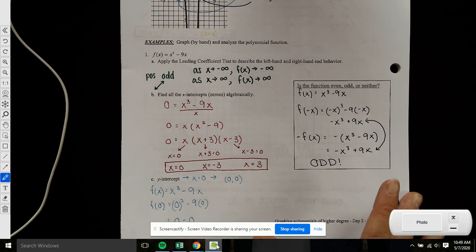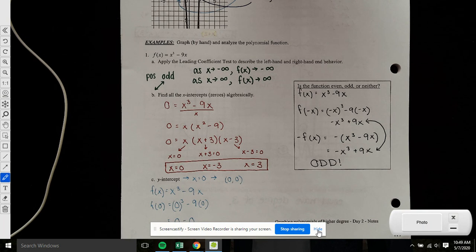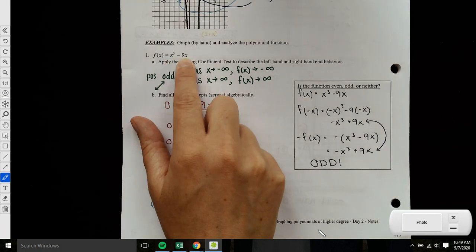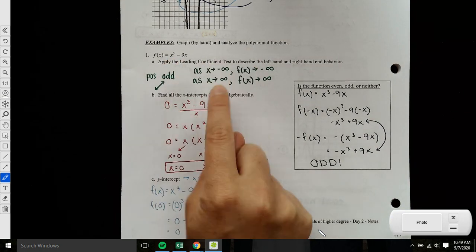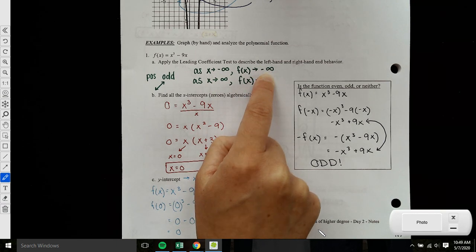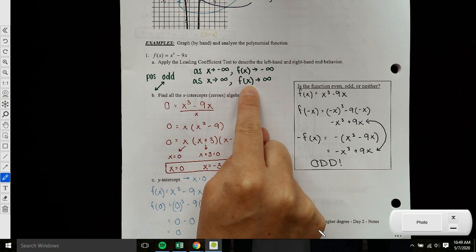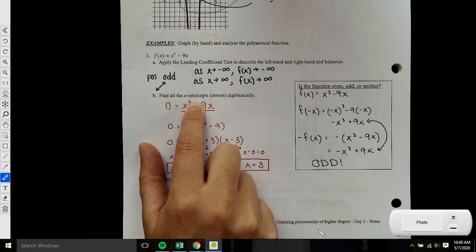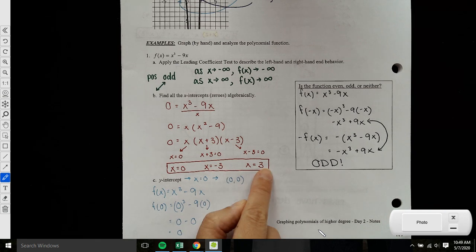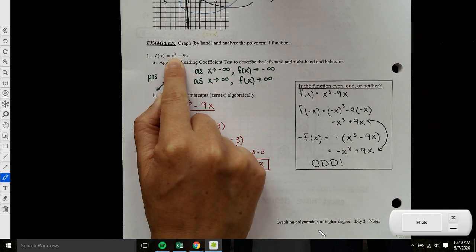Just a quick recap on this page. I've got x cubed minus 9x. I know my end behavior: as x approaches negative infinity, f of x approaches negative infinity, and as x approaches infinity, f of x approaches infinity. I have my x-intercepts, which I found by factoring and then solving. I have 3 x-intercepts, which makes sense because using the fundamental theorem of algebra, I can tell that because the degree is 3.